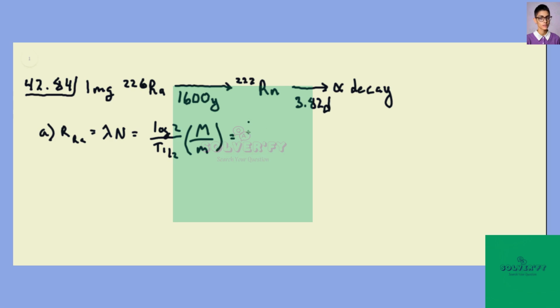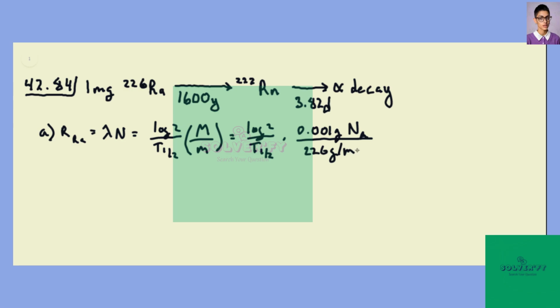And so this is ln 2 over the half-life, which we need to convert to seconds, times 0.001 grams times Avogadro's constant divided by the molar mass, which is 226 grams per mole.